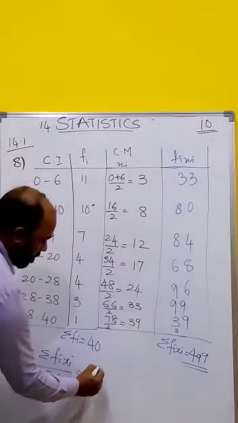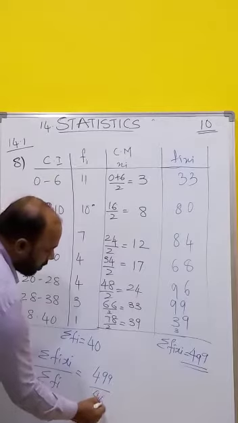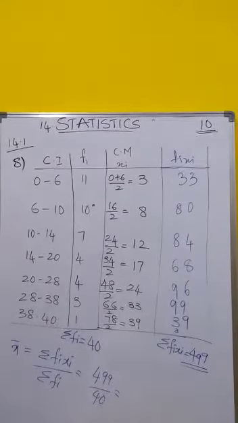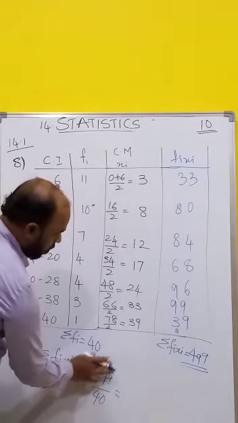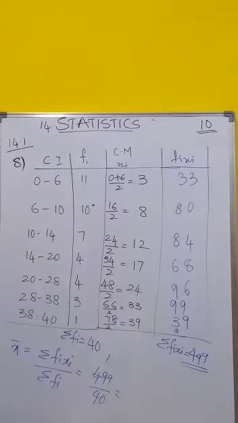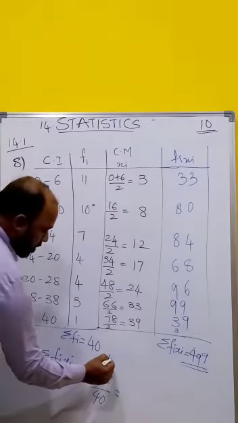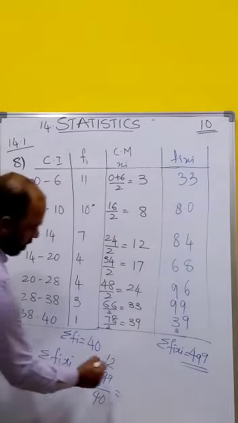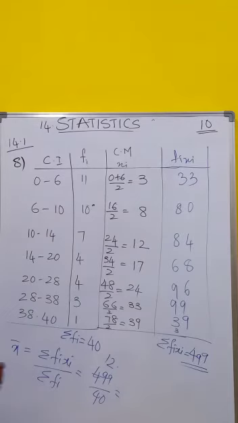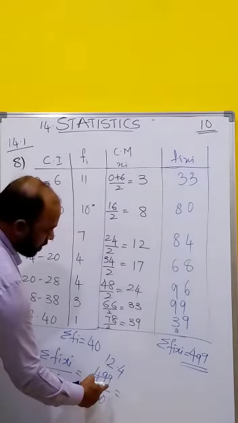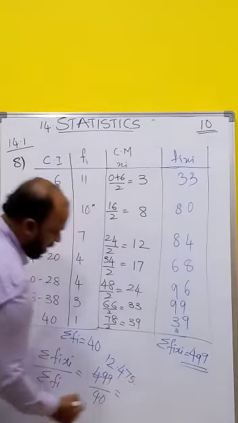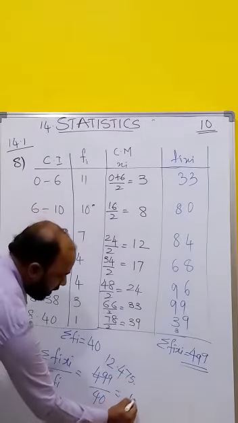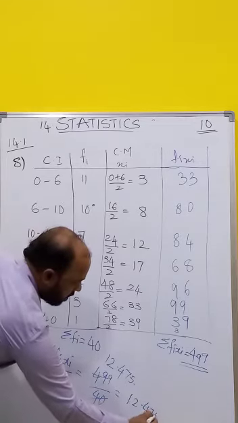Okay, then apply here: 499 divided by 40. 4 twelves are 48, 480, then the remaining is 19, 4 fours are 16, and so on, and finally we get 12.475.